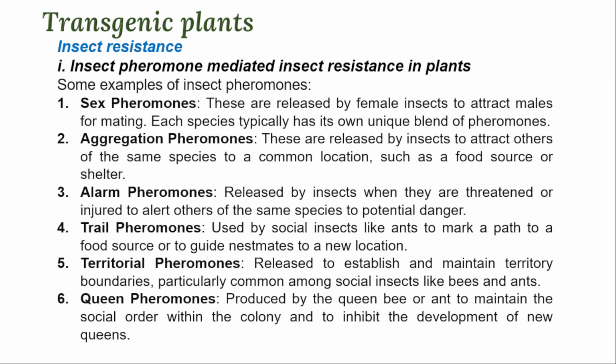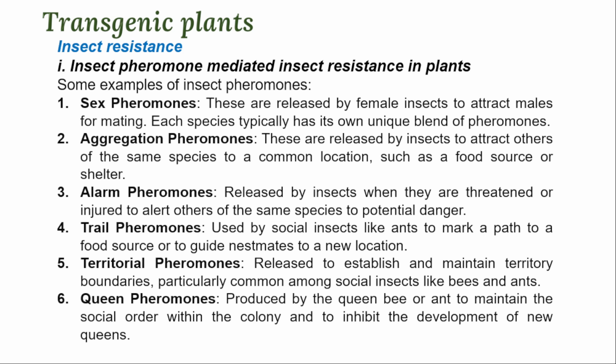Territorial pheromones are secreted by individual insects to decide their territory and repel other insects. One more is the queen pheromone, produced by the queen bee to maintain the social order in the colony. Like that, there are several pheromones.